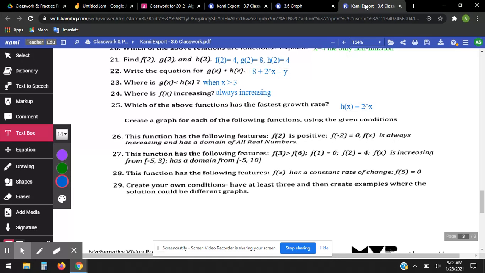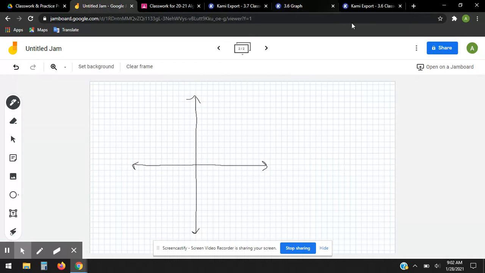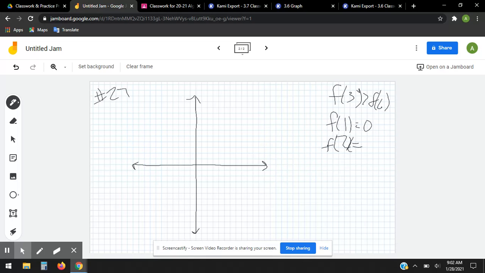All right, so there's a lot of pieces in here. I have a separate sheet, so I'm going to write down some of these notes on my Jamboard. So let's put 27 on here. So it said f of 3 is greater than f of 6, and f of 1 equals 0, f of 2 equals 4, and I have to have increasing from negative 5 to 3.